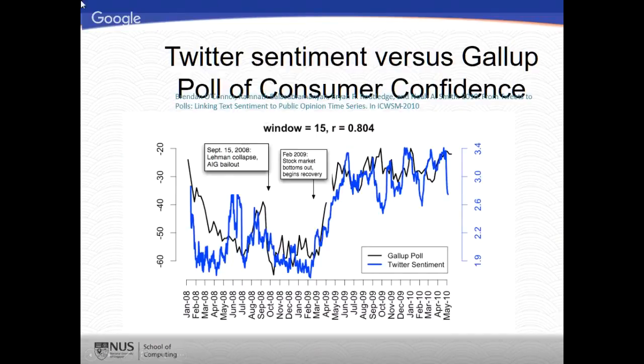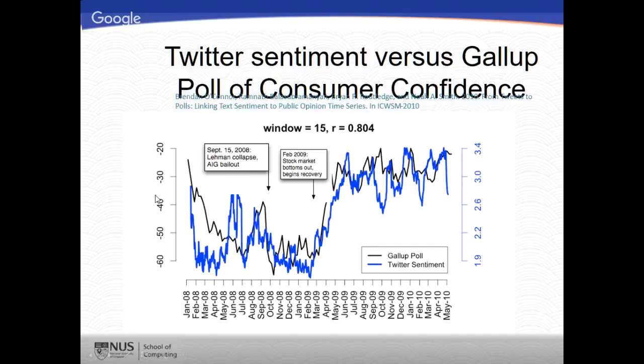For example, this research studied the correlation between sentiment in tweets and the Gallup Poll of consumer confidence. You can see the blue line is statistics of sentiments in tweets, and the black line is the Gallup Poll of consumer confidence.